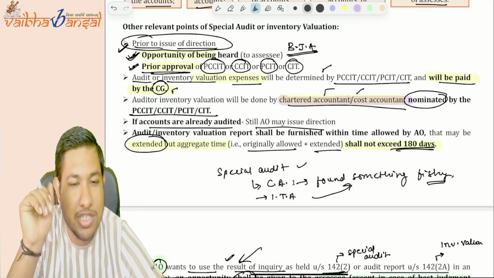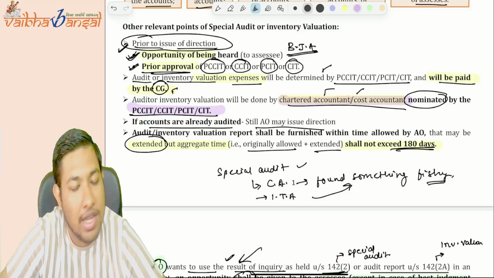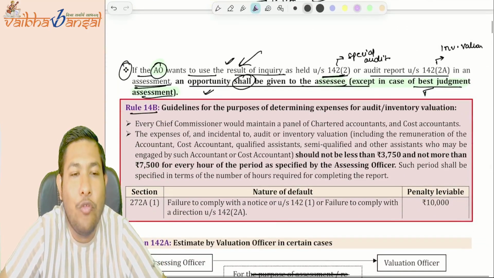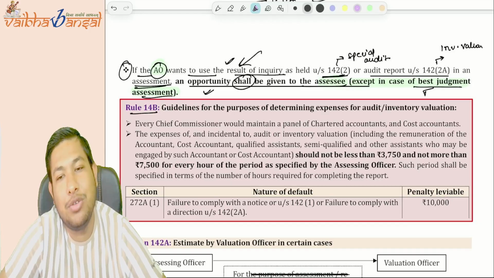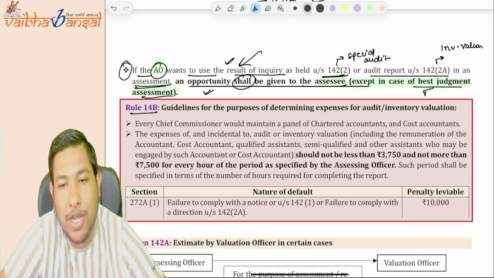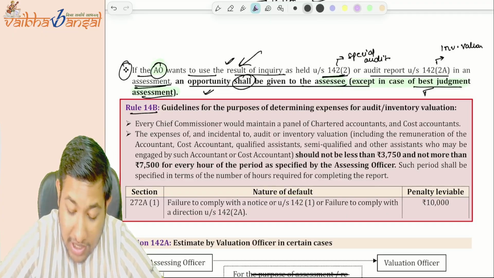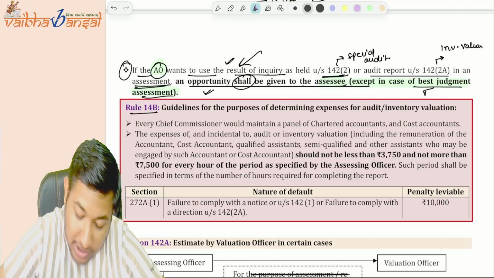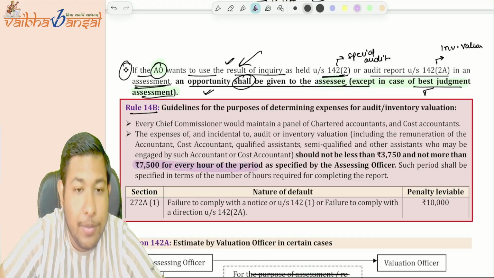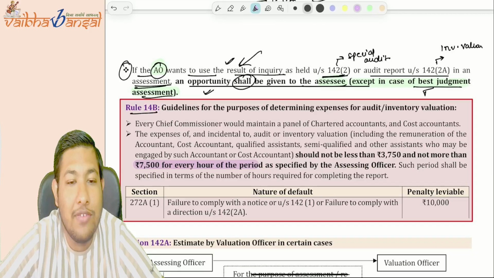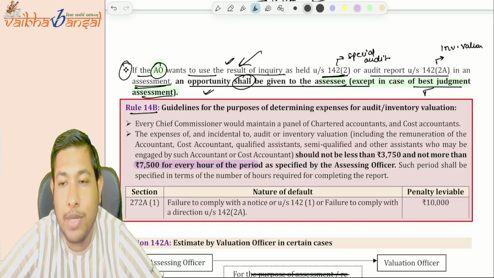These are the four authorities. Understood? So what is the amount that they will pay you? If you are a chartered accountant, there is a fee of 7,500 per hour.